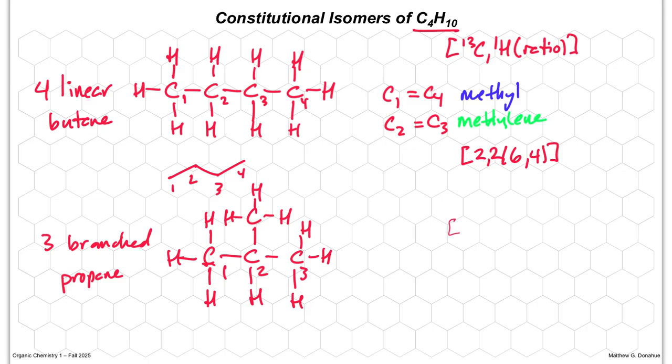So for the branched one, we had 2 unique carbons, 2 sets of hydrogen, and that was 9-to-1. So you can see that because of those numbers being different, we've figured out a way of classifying the constitutional isomers as being different.